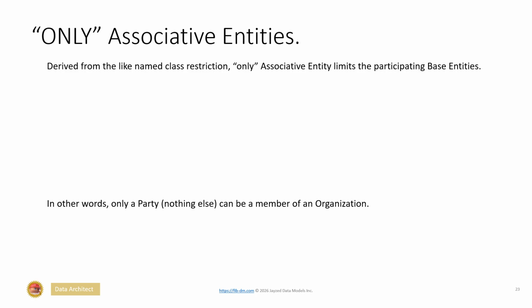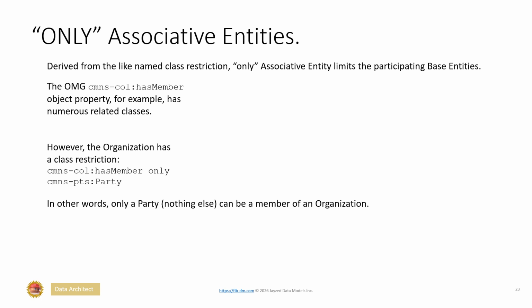And one specialty, only associative entities derive from like name class restriction only. Associative entity limits the participating base entities. So for example, OMG Commons has member object property has numerous related classes. No, however, organization has a class restriction. Commons has member only applies to a party.